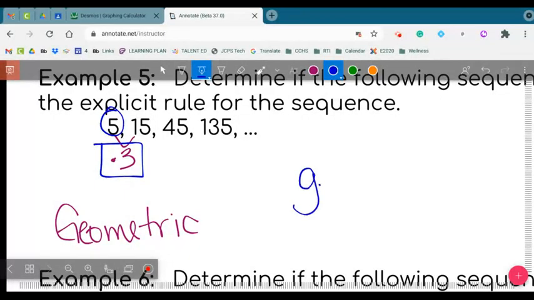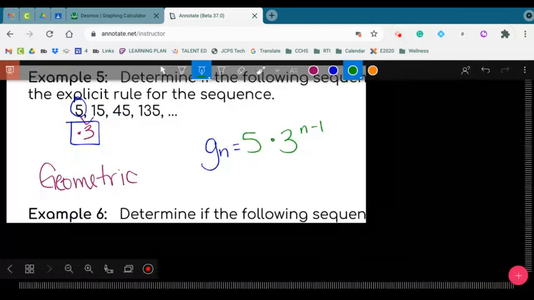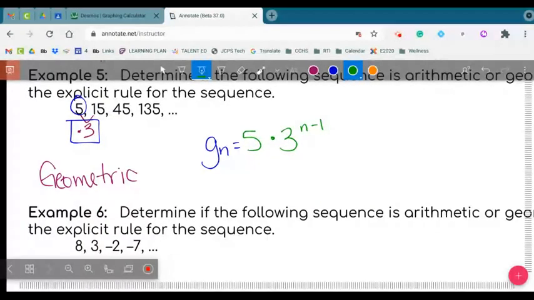So we're going to have g sub n equals our first term, which is 5, times our common ratio, which is 3, and then n minus 1 as the exponent. Okay, so that is our explicit rule for that geometric sequence.